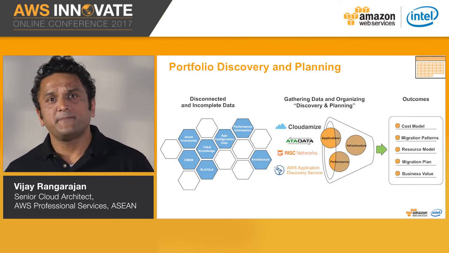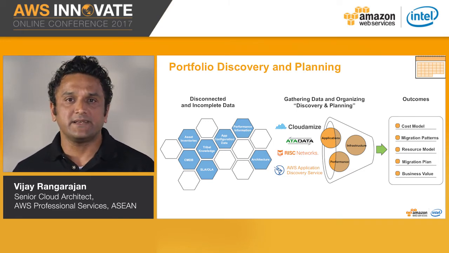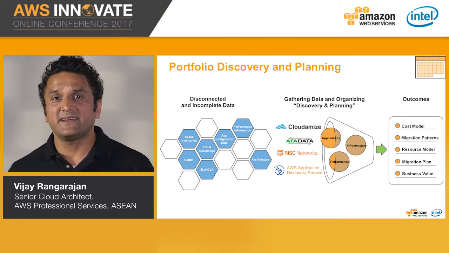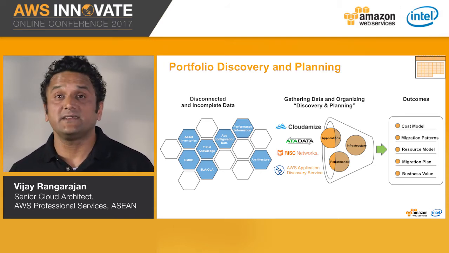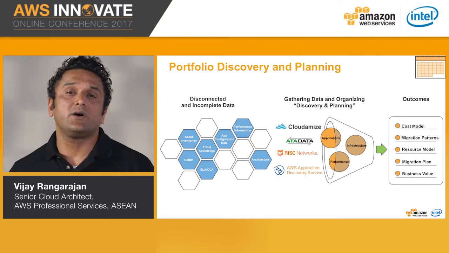So how do you do it? This is when enterprises typically inspect their configuration management databases, or CMDBs, their current assets, and institutional knowledge, and deploy the tool of choice, which they are heavily invested in. Or they can use services like AWS Application Discovery Service to deeply understand what's in the current environment.